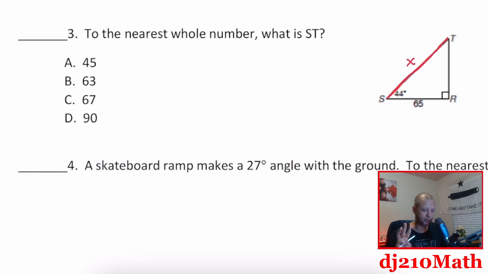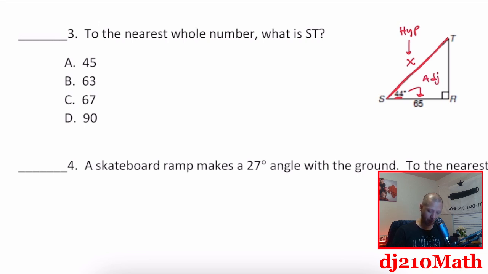And you can set up any trig function accordingly. So right now, the side we want is the hypotenuse. And what do we know? We know an angle, 44, and relative to that angle, we know the adjacent side.